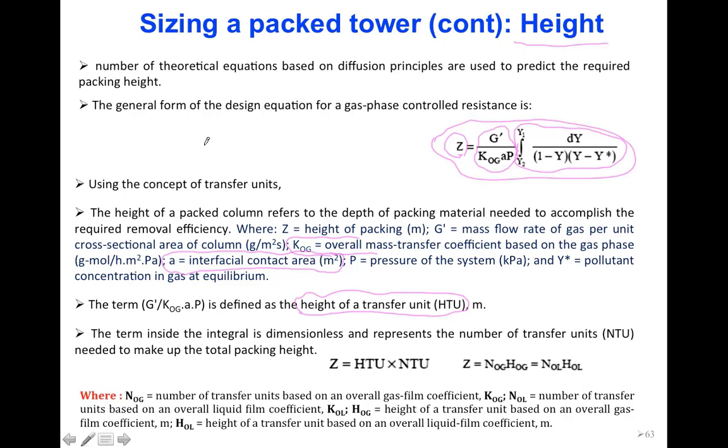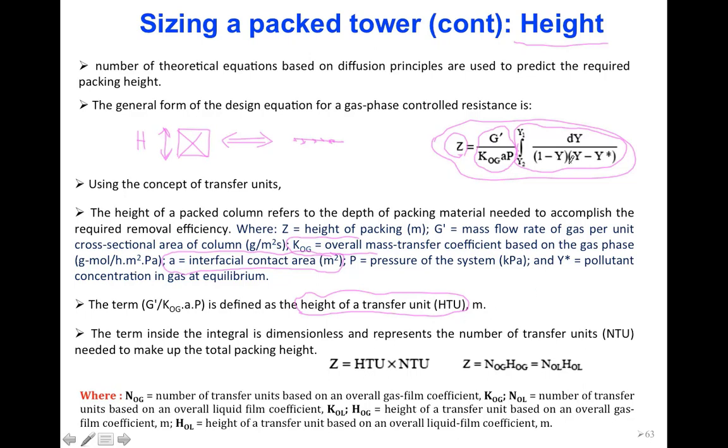So sometimes we need to define how many centimeters or meters of packing can do the job of one plate for me. That is the equivalent height, which can also be written as the height of a transfer unit, or equilibrium unit, that we show with HTU.